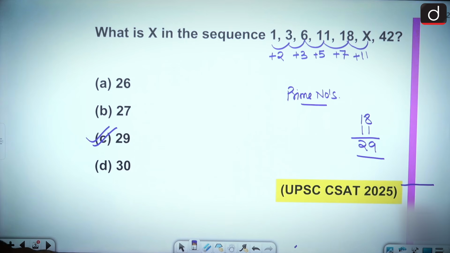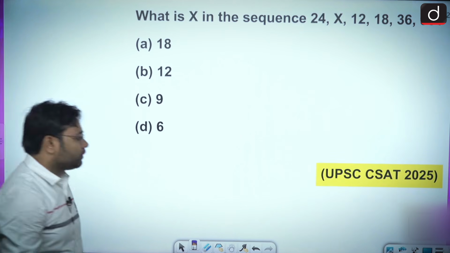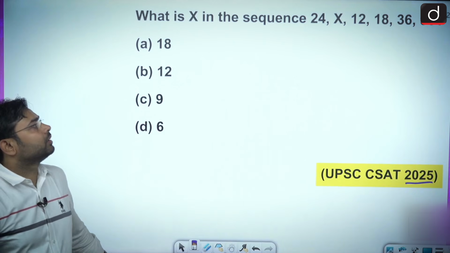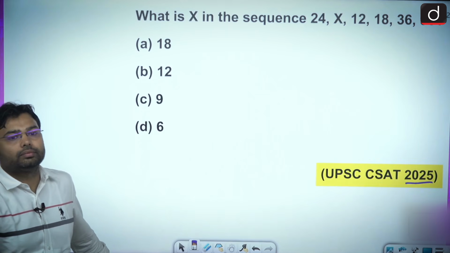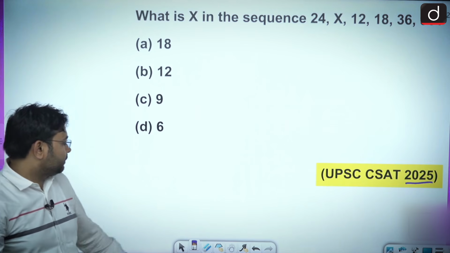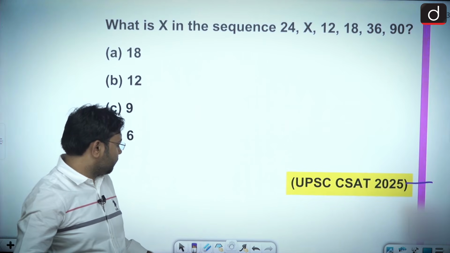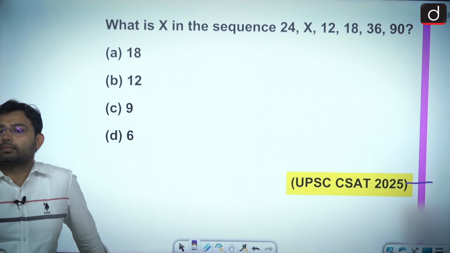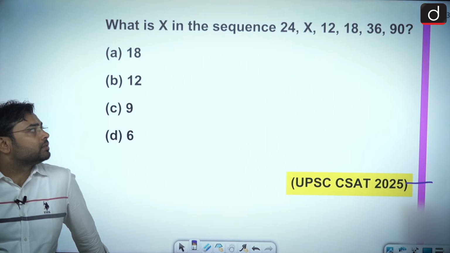Next one. This is also from 2025. How many of you can solve this?